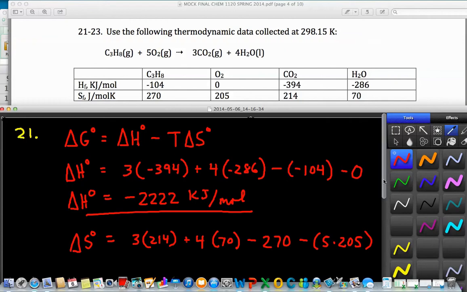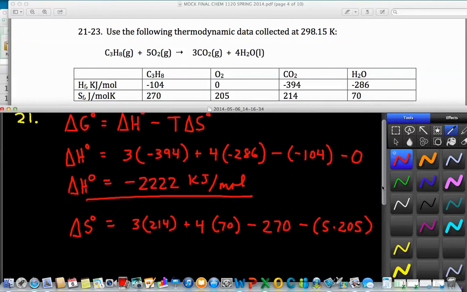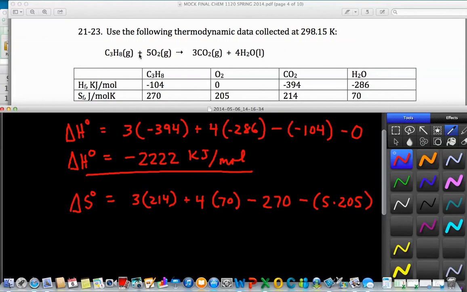Of course, we know already that this is going to be negative because we're going from 6 moles of gas to 3 moles of gas. And of course, we're going to verify that in a minute once we compute this.